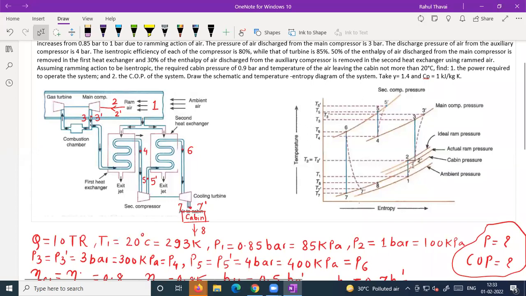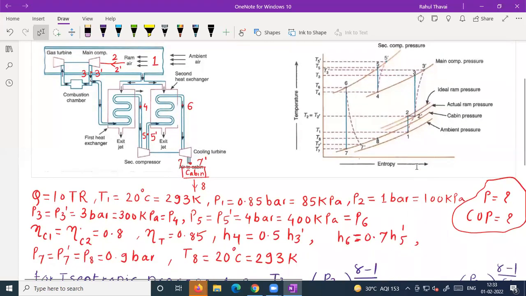Now let us move to 2 to 3. If you want, I can show that point here. Let us take it as 2 dash to 3.